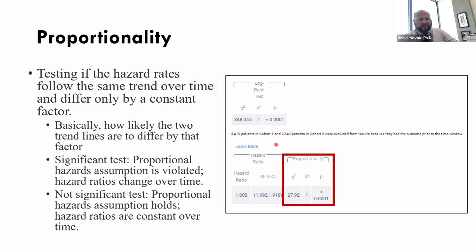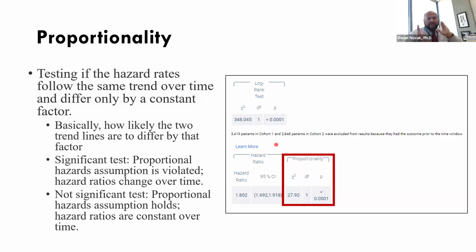It could be age impacts one cohort much more than the other, or some subset of other factors. So our assumption of proportionality for the hazard ratio analysis and the Cox proportional hazards model is not there. So that's actually not great for using the hazard ratio, because a bunch of other stuff is impacting things over this length of time span.